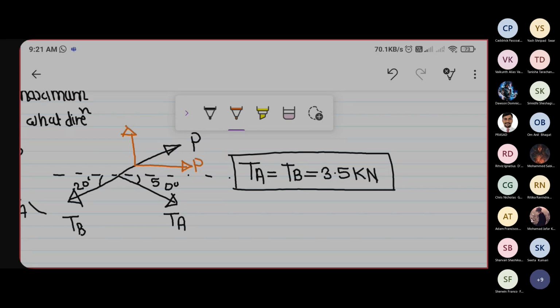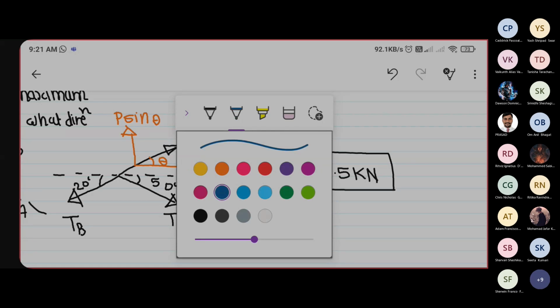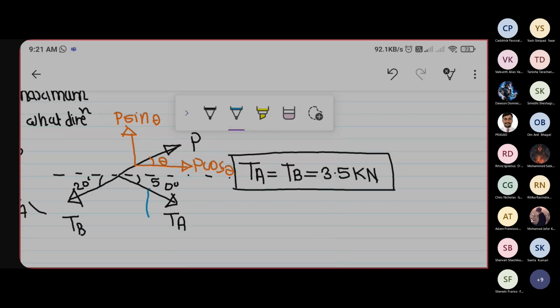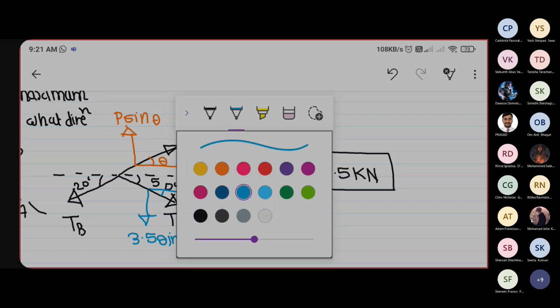So for P, I will consider the angle as theta. So P cos theta and P sin theta. TA, that is 3.5, so 3.5 cos 50 and 3.5 sin 50.